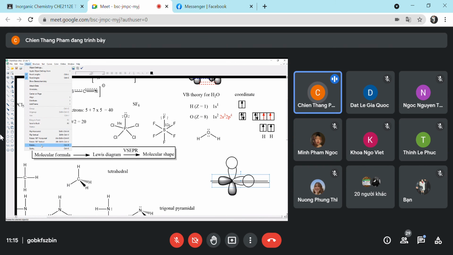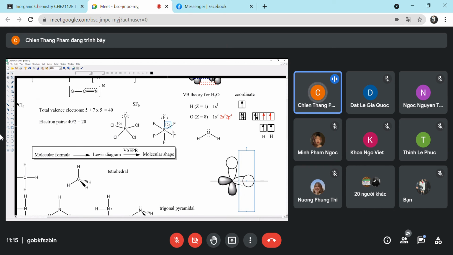However, I will give you one question. In this situation, in the center here is oxygen, and the others are hydrogens. Let's draw here, one from hydrogen, another from oxygen.